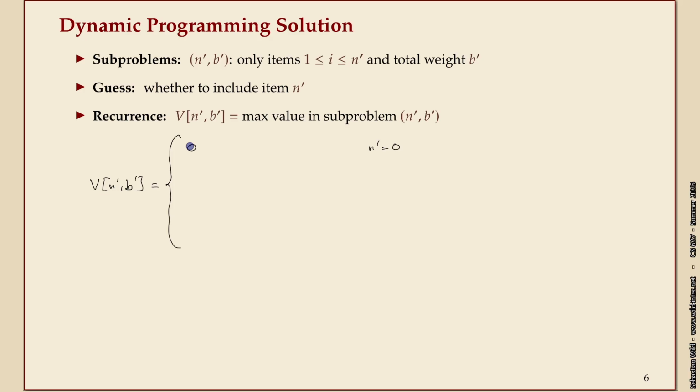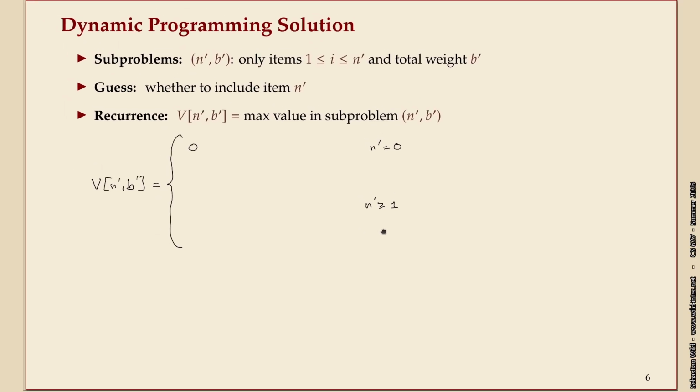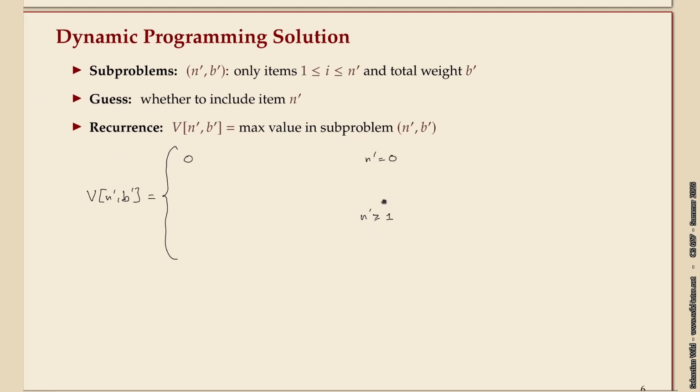That might be all the base cases we need, really. If we're allowed at least one item, then there are 2 options.